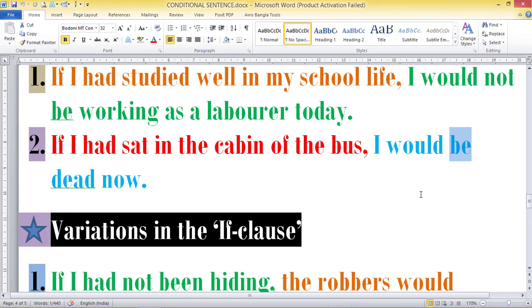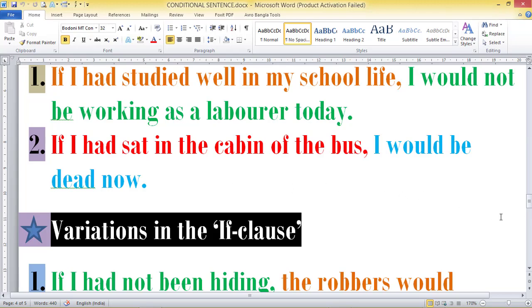Here there is another variation in the main clause. Maybe an accident occurred and the bus passengers mainly sitting in the cabin all died. If I had sat in the cabin of the bus, I would be dead now. I would not be alive now at present. This is the meaning here.